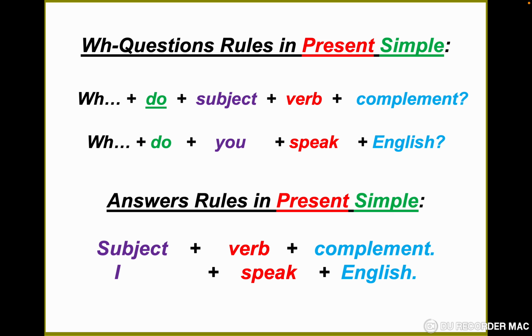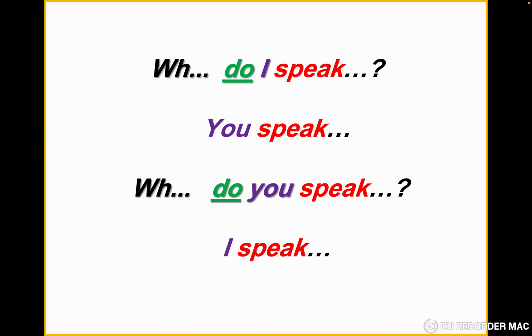So this is the rule: WH plus do plus subject plus verb. When do I speak? Why do I speak? What do I speak? So always we start with WH, but don't forget do, because students put, for example, why, but they say why I speak.